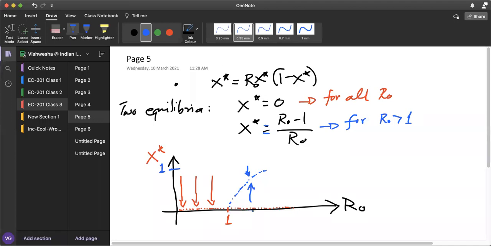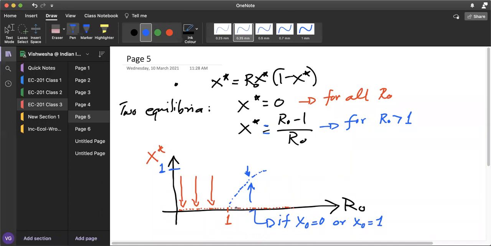Let me write that down: if X0 is equal to 0, or if X0 is equal to 1. That is when you will reach this. For all other values of initial population size, you will always end up with the same final value of population size, which should exactly match this function we have derived today. Okay.